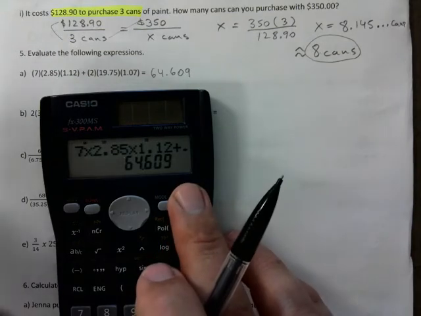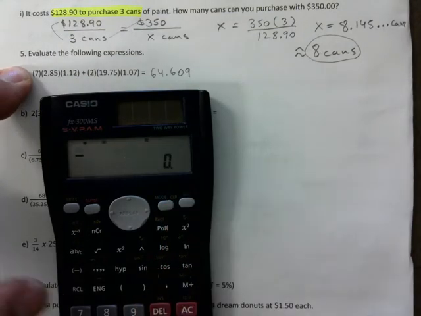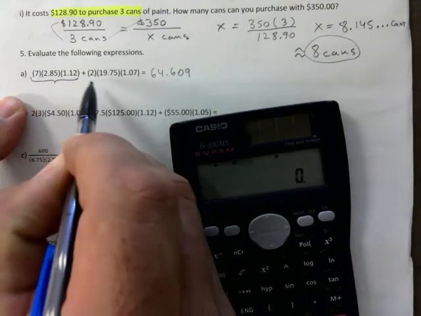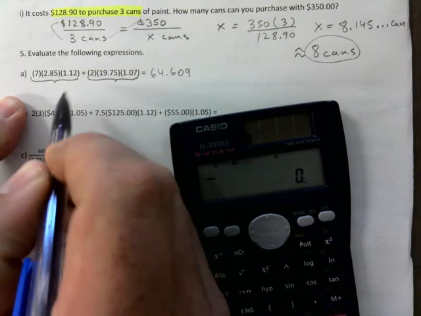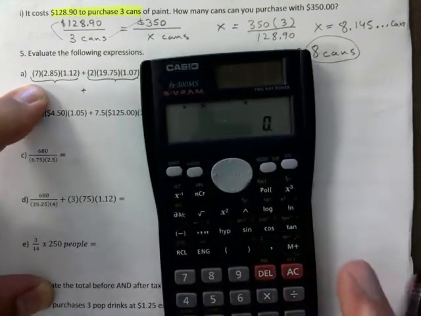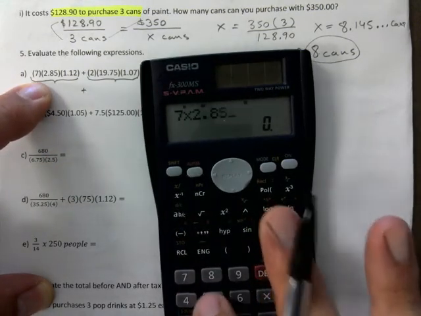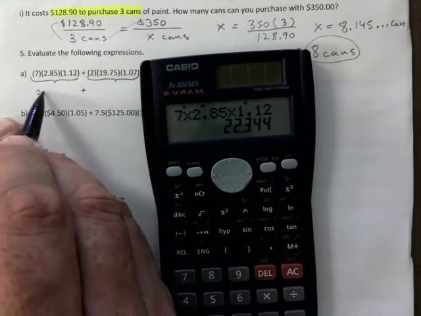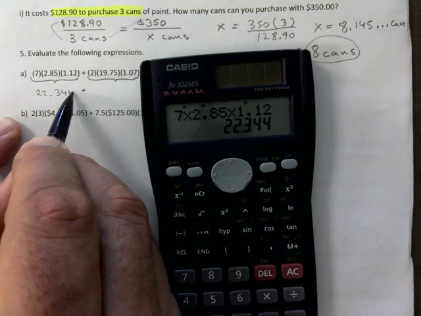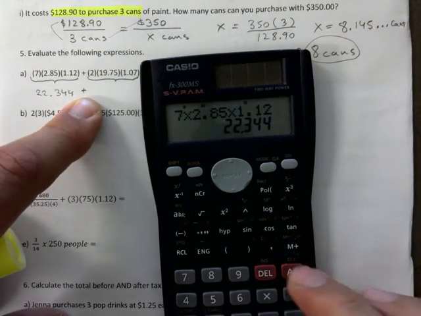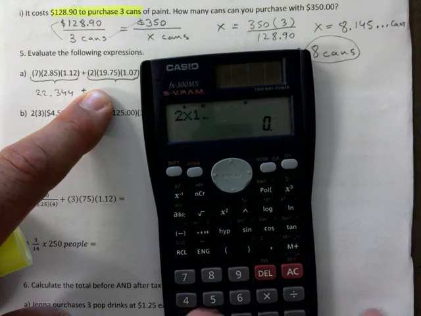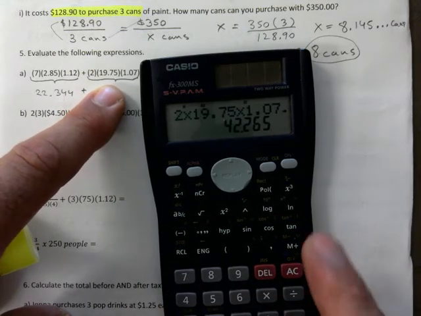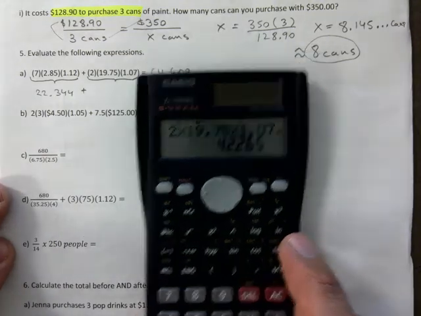Now, some of you can't do it that way, so we have to do it in steps. I'm going to do the first part, and then the second part, and add them up to see if you get the same answer. So 7 times 2.85 times 1.12 is 22.344, plus, let's clear the screen, 2 times 19.75 times 1.07, that's 42.265.